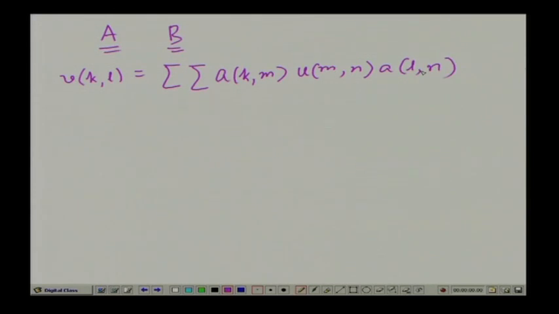You compare this with our earlier expressions, where we had A(k,l,m,n). So, now this A(k,l,m,n) we are separating into two components, one is A(k,m), the other one is A(l,n), and this is possible because the matrix A that we are considering is a separable matrix.